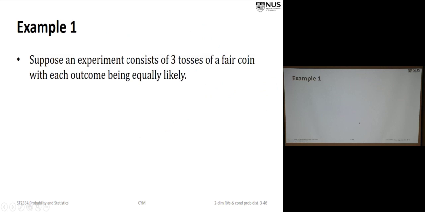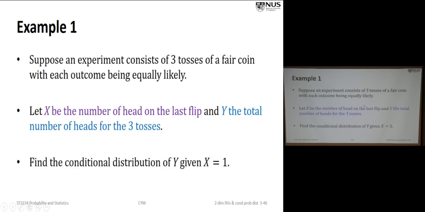Okay, so now let's look at an example. We have a simple experiment. A fair coin is tossed 3 times, and the head and tails are equally likely. From this experiment, we have x and y.